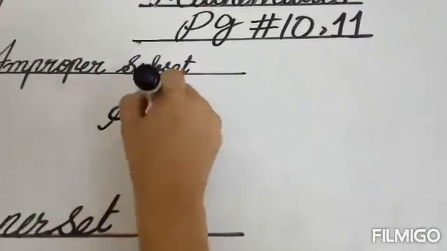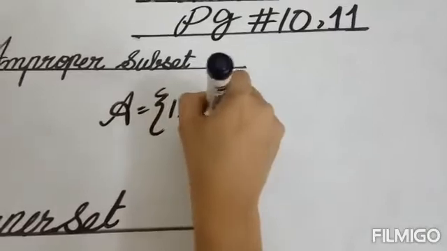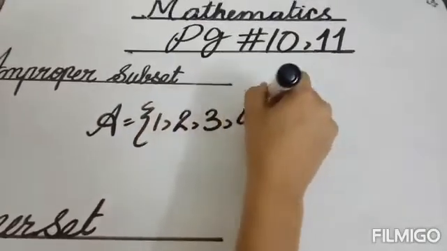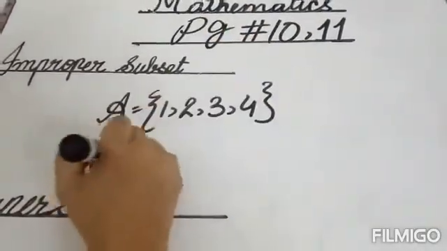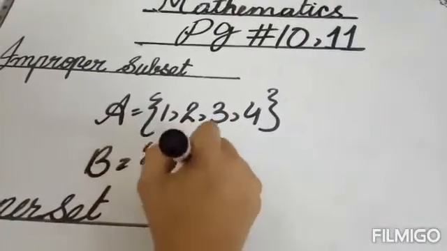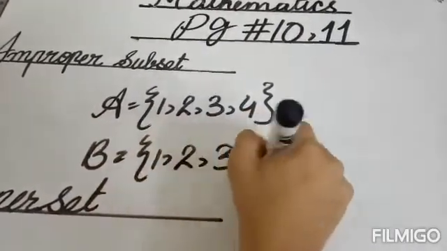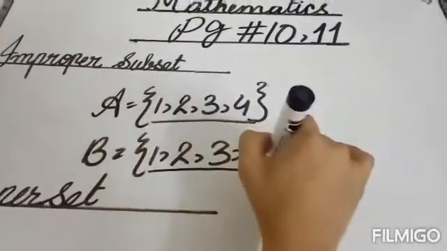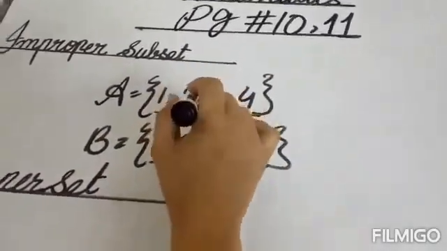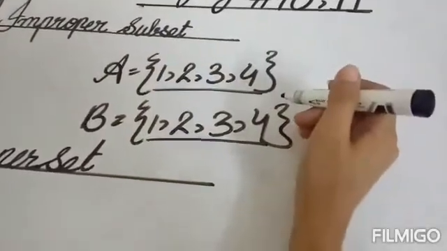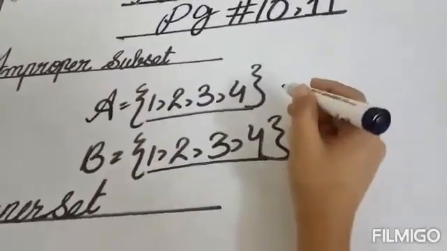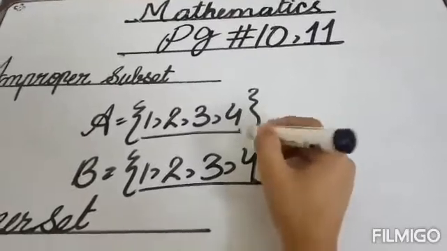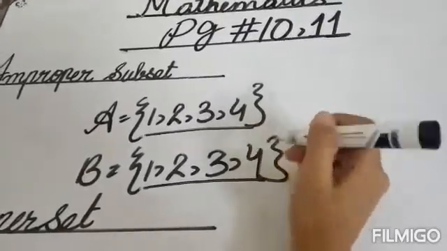Suppose you have the set A is equal to {1, 2, 3, 4} and B is equal to {1, 2, 3, 4}. All the elements are present in set B also, and set A has the same elements. So this is an improper subset, in which both sets have the same elements.